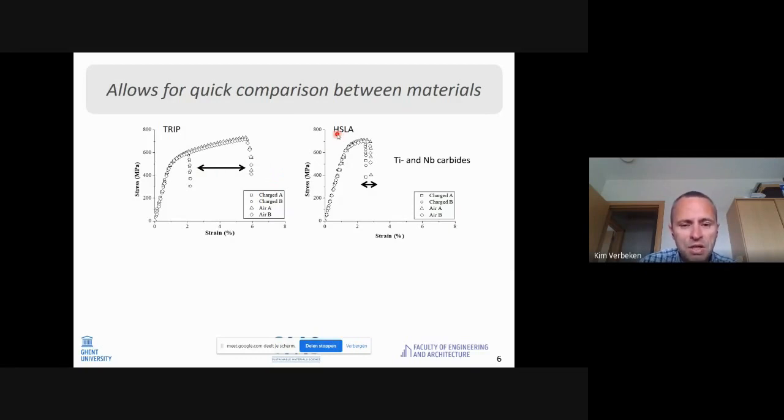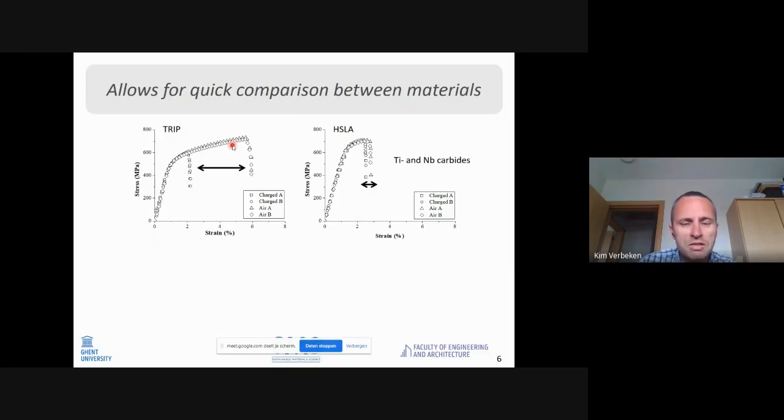Now, sometimes when you have the standards, people say that the sensitivity of a material to hydrogen is related to its strength. Well, here you see 2 materials which have pretty much the same strength level, and there's a clear difference in how hydrogen affects the ductility in these materials.